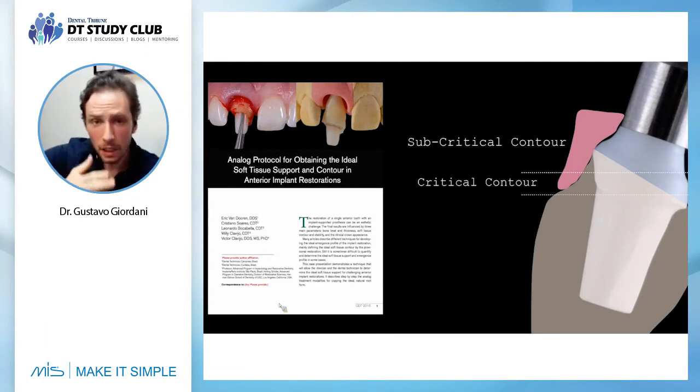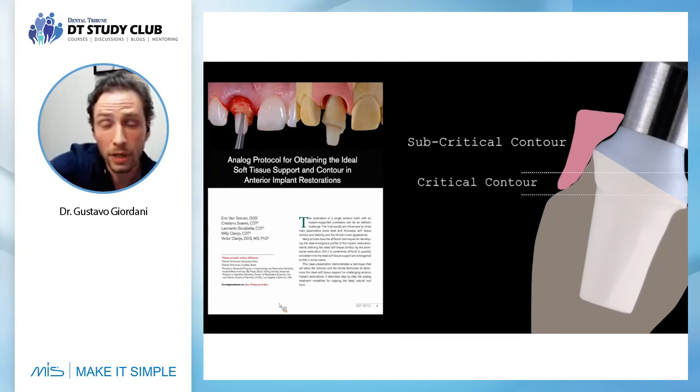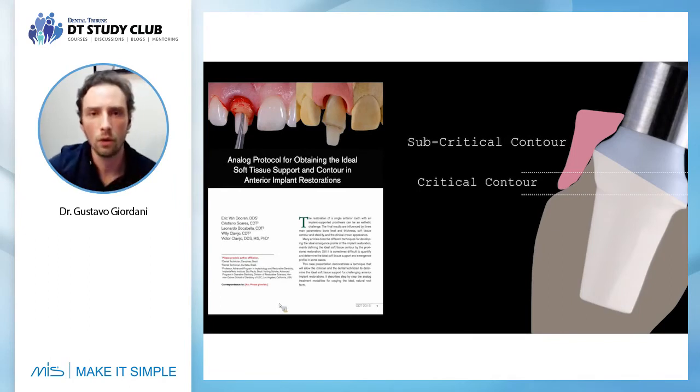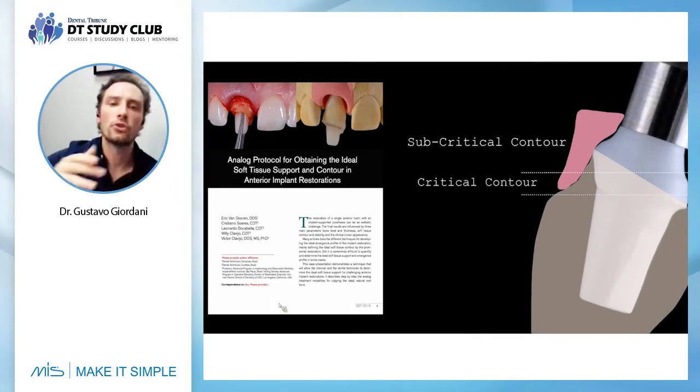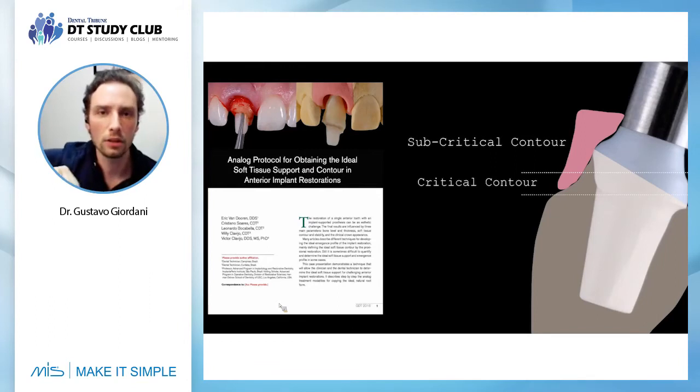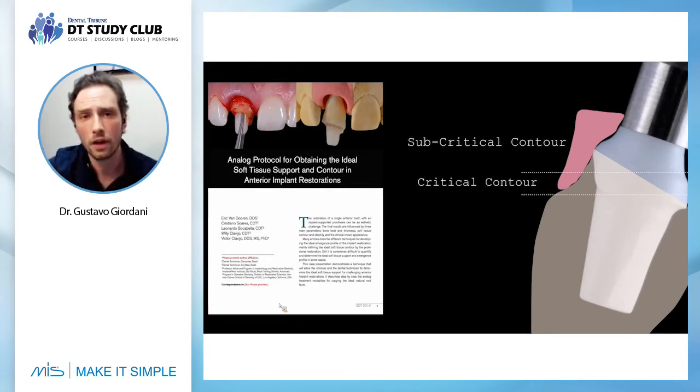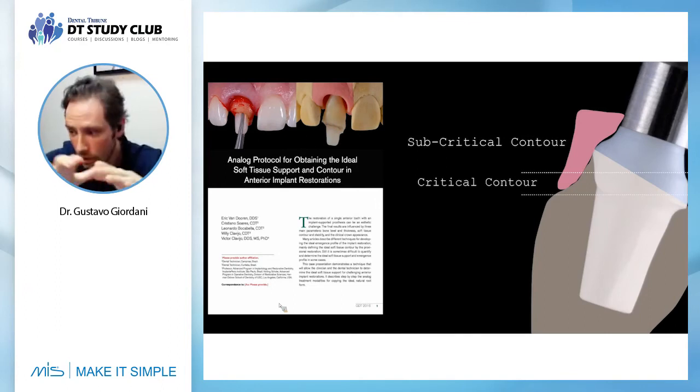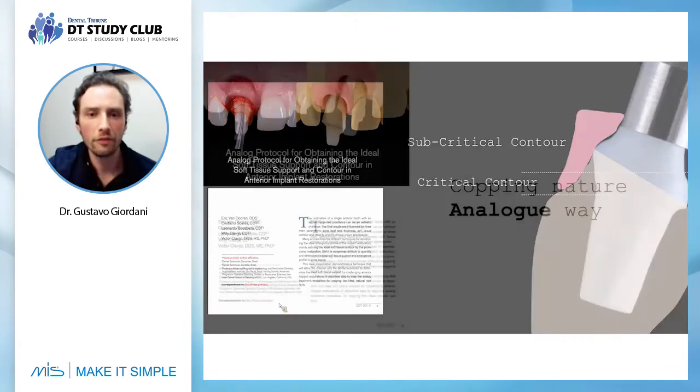Below the critical contour, we have the subcritical contour. There, we need to create an undercontour, so you can create space for the soft tissue and for the biomaterial, and then you're going to have a very good final result. You're going to increase the volume, and we're going to support the tissue in the perfect way.